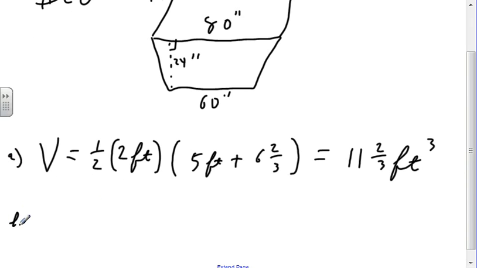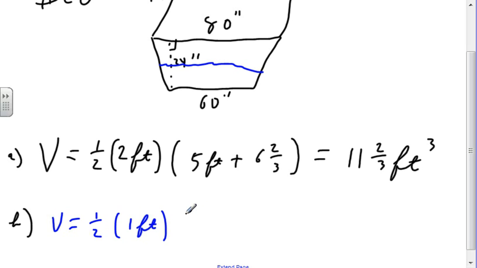The B answer, the water is going to be 1/2 of the way down. So the volume is going to be 1/2 times 1 times 5 feet plus. Now I've got to find this new line. Well, if it were 80 inches up there and 60 inches down there, and I'm halfway between, it's going to be 70 inches there, right?